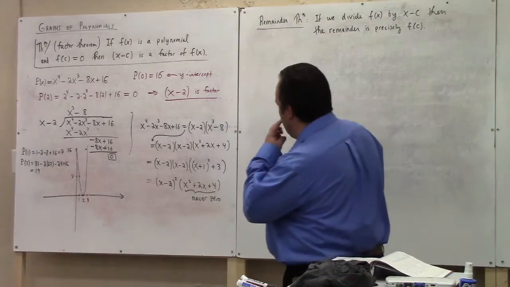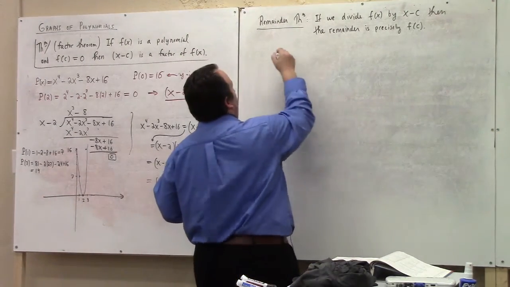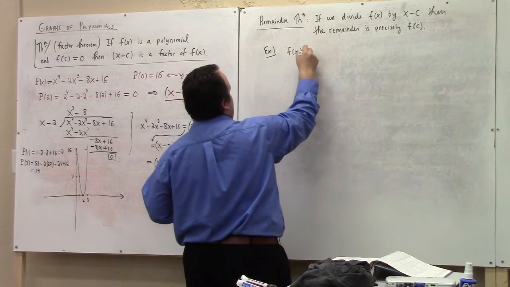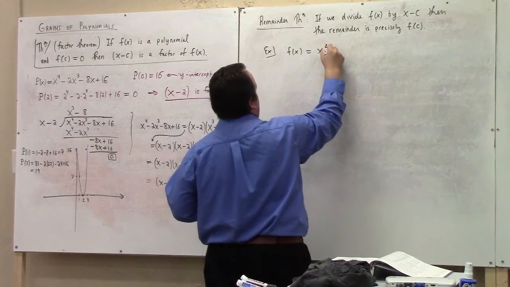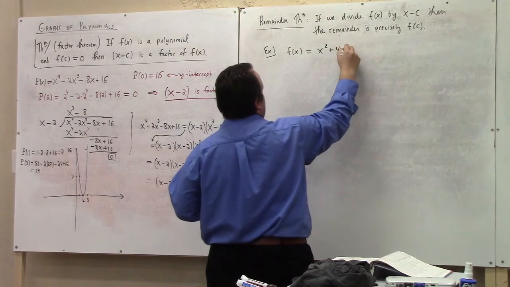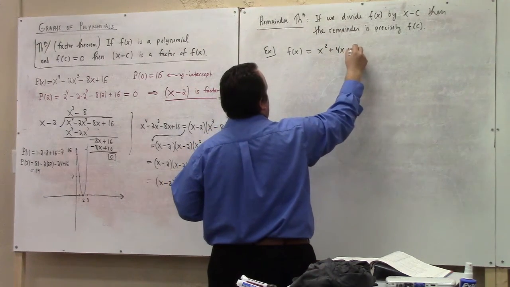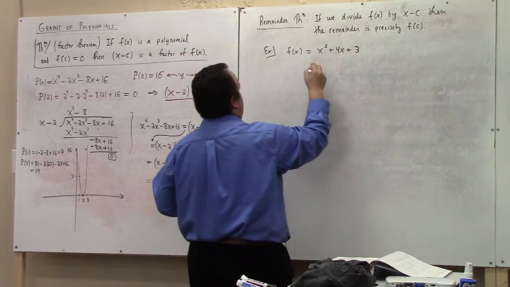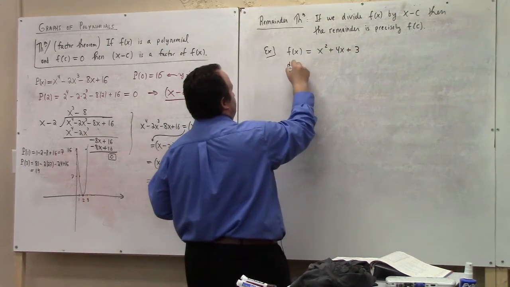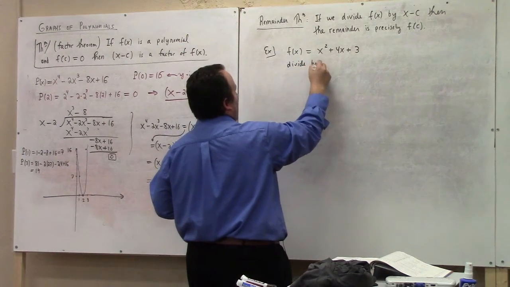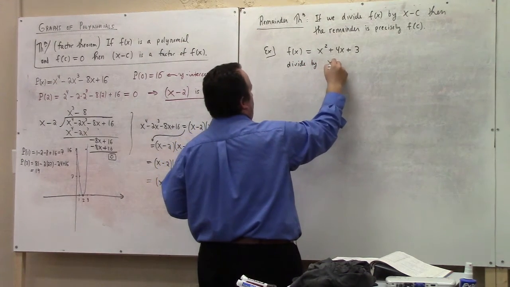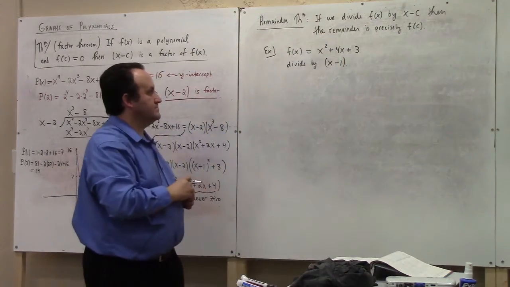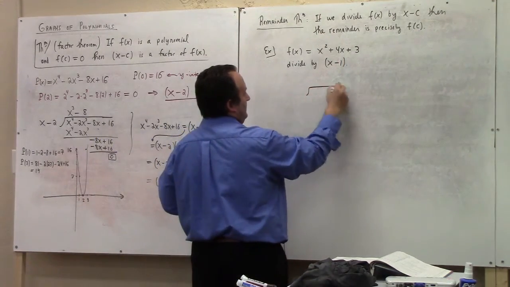Let's look at an example. So I could look at f of x equal to, say, x squared plus 4x plus, I don't know, 3. And let's divide by x minus 1. So how's that work?